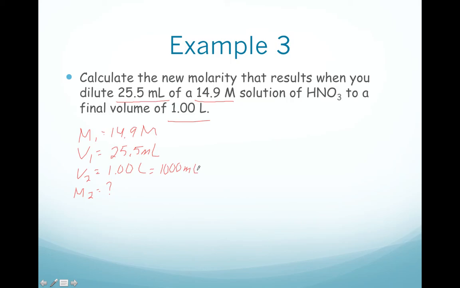So now I have M1, V1, I have V2, and I'm looking for M2. So I have my equation, which is M1 times V1 equals M2 times V2. And because we're setting up this way, I can go to milliliters. As long as my volume's in the same units, it doesn't matter if it's liters or milliliters or kiloliters or microliters.